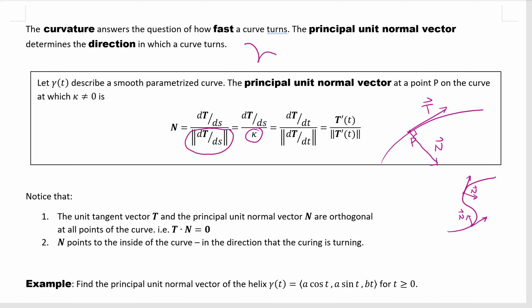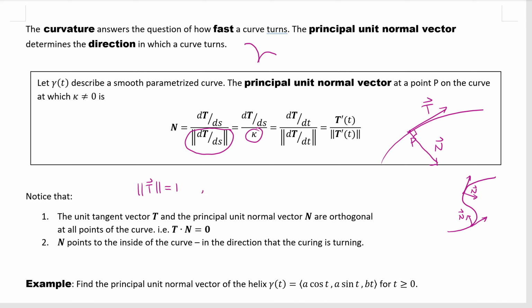Okay, so notice that the unit tangent vector T and the principal normal vector N are orthogonal at all points of the curve. So why is that? We know that the unit tangent vector is a unit vector, so the magnitude is fixed at 1, right?